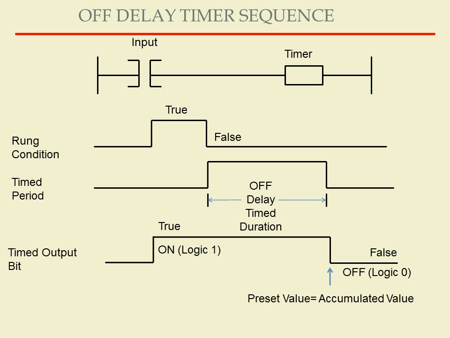When this off delay timer is stopped, then time period will be 0, and timed output bit will also be false, that is 0. So whenever the preset value becomes equal to the accumulated value.